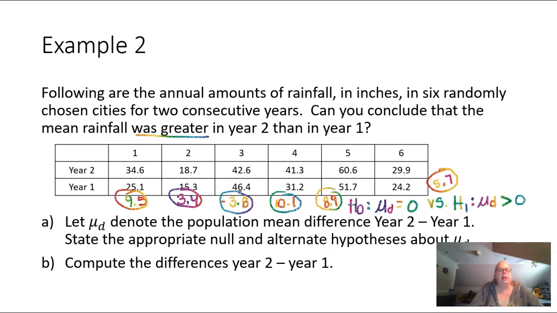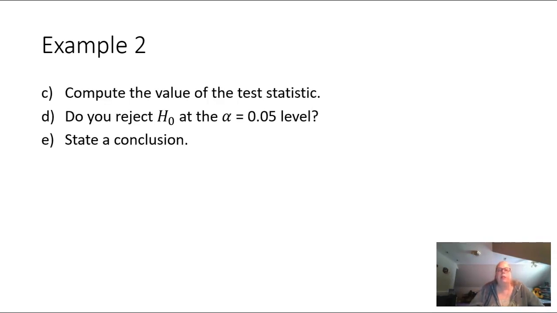The mean of the differences is 5.63, and it's actually 5.6333333. There are actually 6 cities in my data set, and the standard deviation for these differences is 5.283.